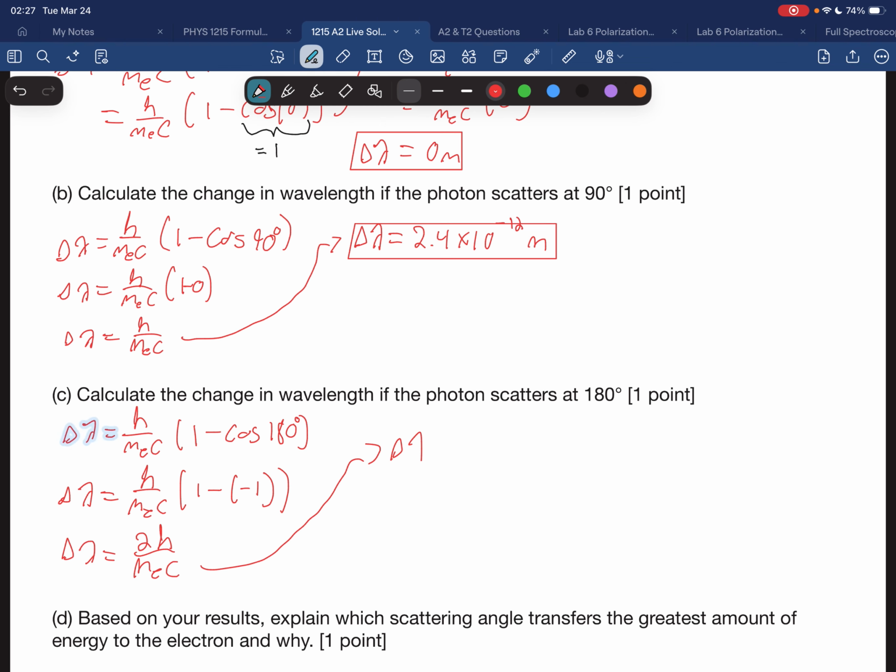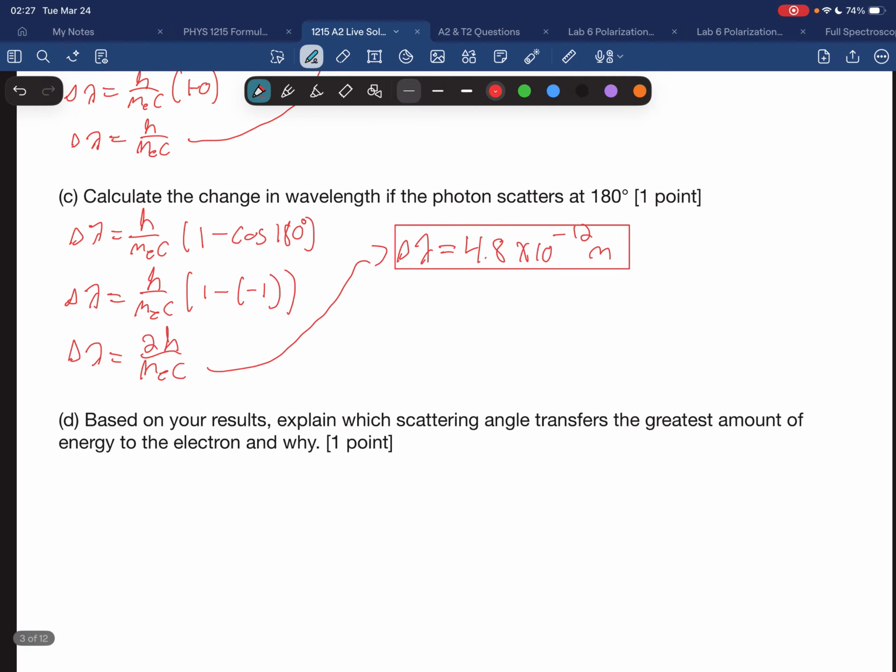And punching that in the calculator, well, you don't even really have to. Comparing this formula for C to the formula for part B, I think it's pretty clear to see that for part C, it's literally just 2 times your answer for part B. So this is going to be 4.8 times 10 to the negative 12 meters. It is the same, but just multiplied by 2.